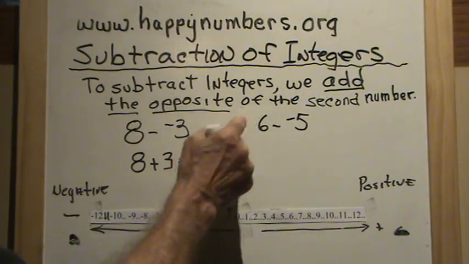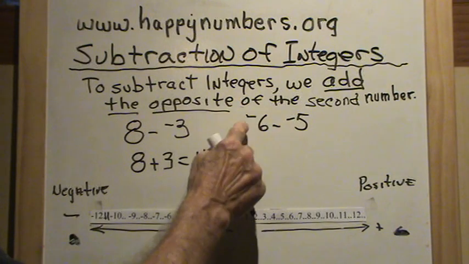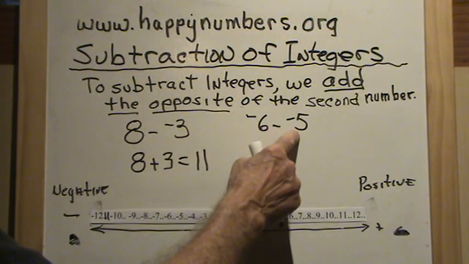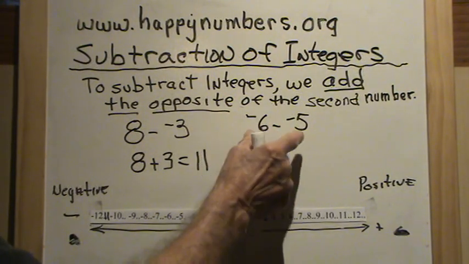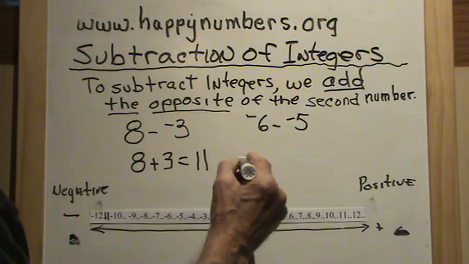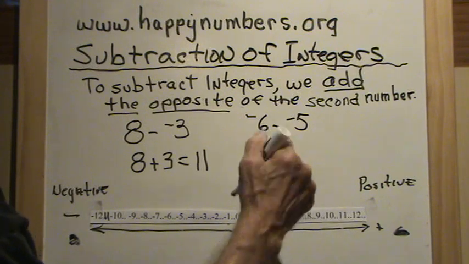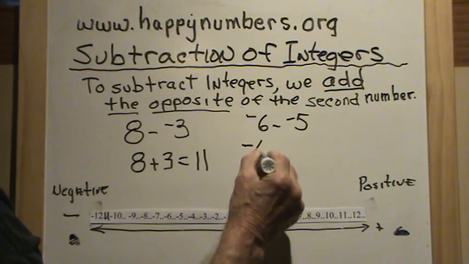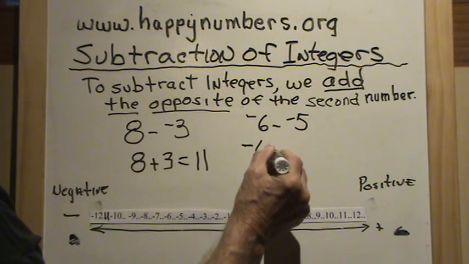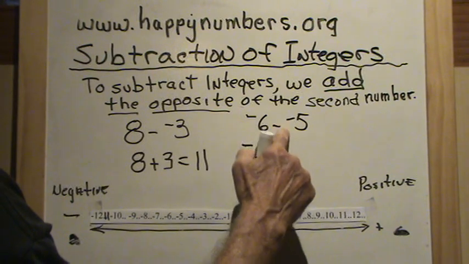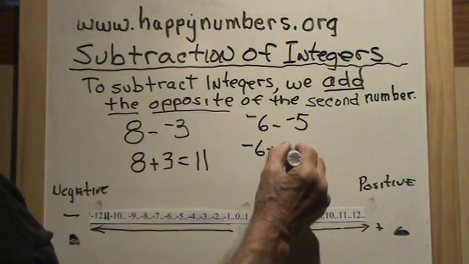Okay, now here I have negative 6 minus negative 5. So I'm subtracting two signed numbers. So I have to add the opposite of the second number. So I rewrite the problem. Negative 6, this becomes plus. The opposite of negative 5 is positive 5.